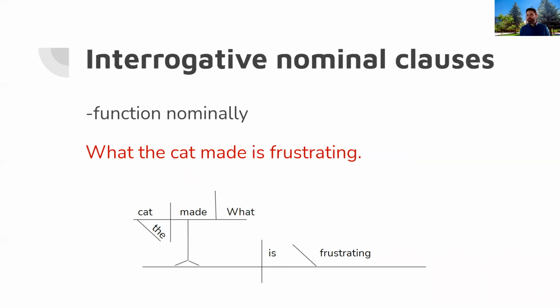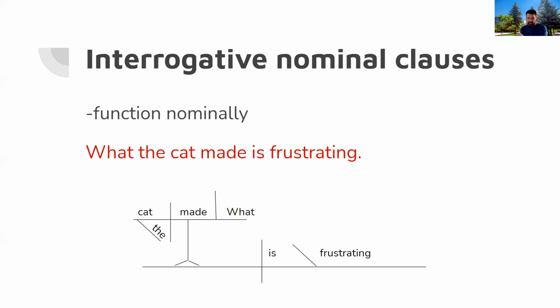So that's a feature of that nominal clauses, and that's what makes them different from interrogative nominal clauses. Here's an interrogative nominal clause: What the cat made is frustrating. So what the cat made is our dependent nominal clause. Now it is fronted with our interrogative, so we have what at the beginning instead of that. But we can see here that what is not supplementary to the clause. It is an integral part.